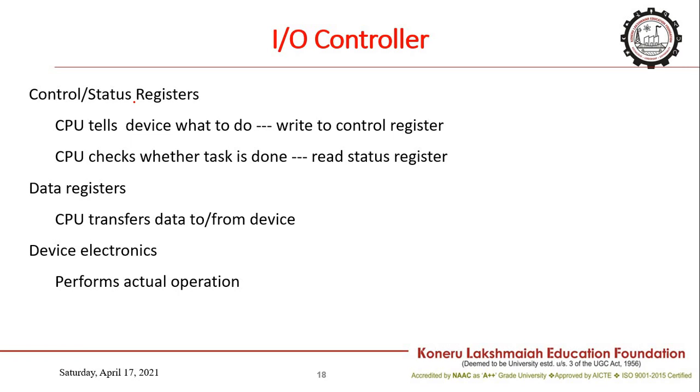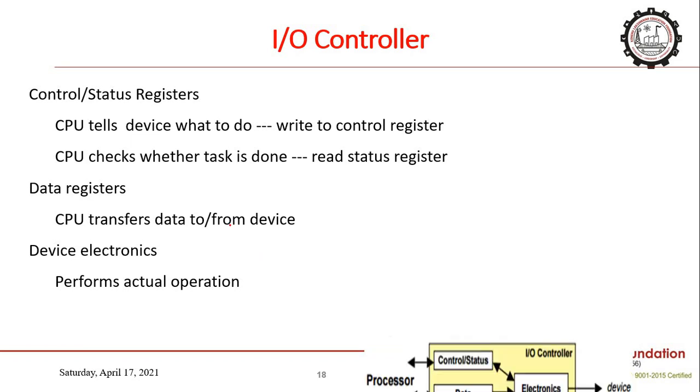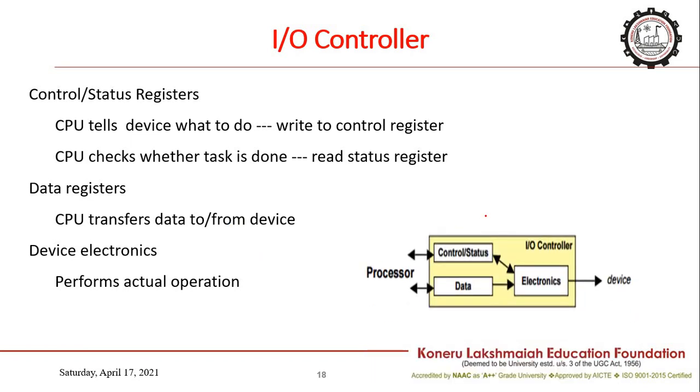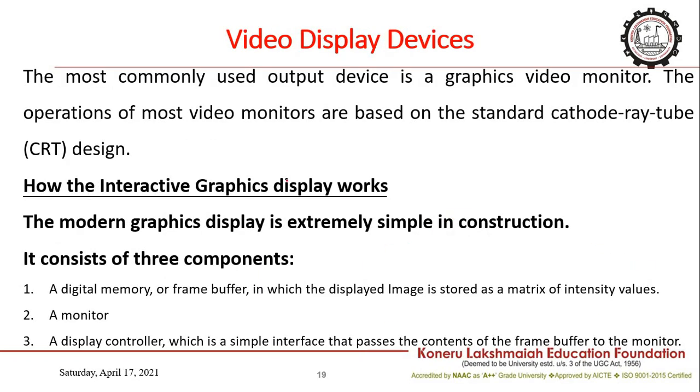CPU is the central processing unit, the processor of a computer. The CPU checks whether the task is done or not. Data register: the CPU transfers the data to and from devices. The device electronics performs the actual operation. So it is just a diagram for that.